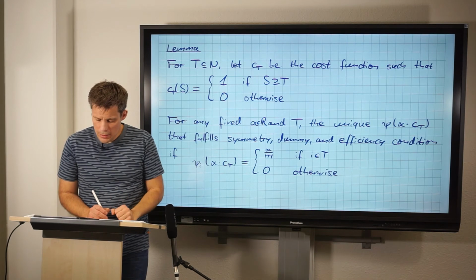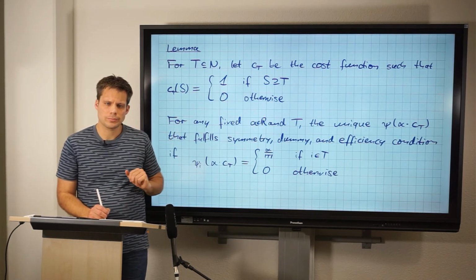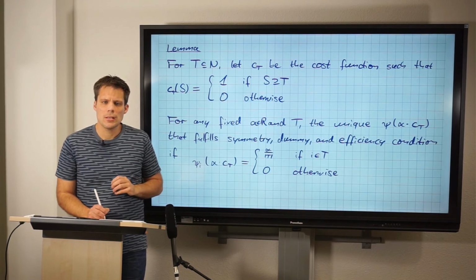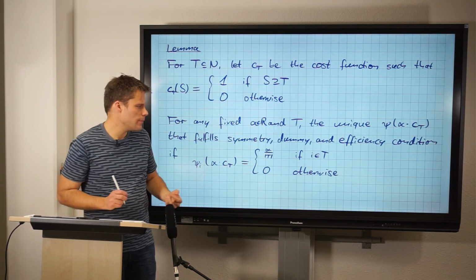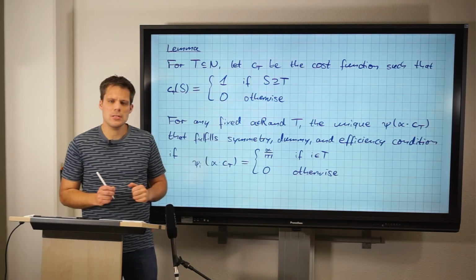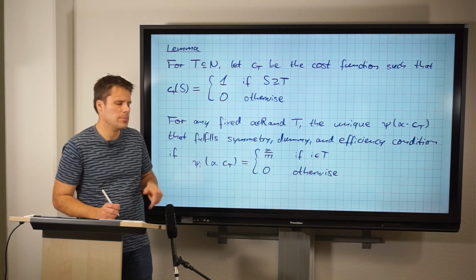And we now claim that for this kind of function, the way of sharing the costs, fulfilling symmetry, dummy, and efficiency, is unique. This has to namely be this way.